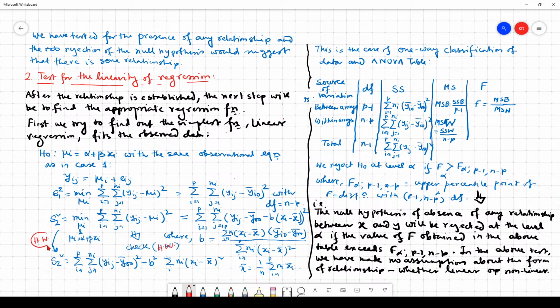This is another homework. And this follows chi square with degree of freedom n minus 2.